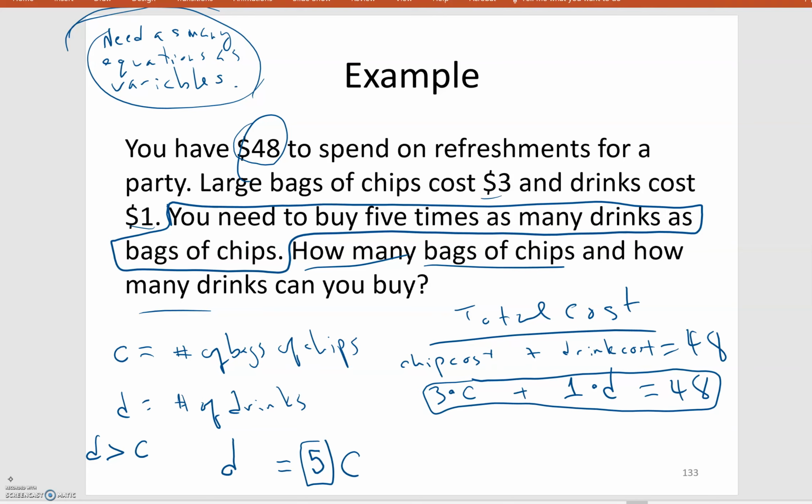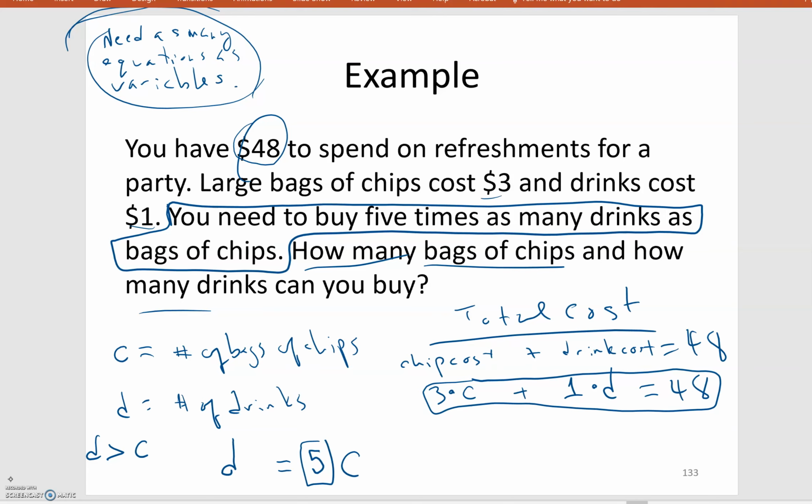Now, the other weird thing about this equation as it's written at the moment is it doesn't look anything like this. And if you remember when we talked about matrices, I was very careful to talk about how you had to make sure that it was in the proper normal form and in the right order and everything. This is not in normal form or in the right order. So I need to move these things around. The first thing that I'm going to do is I want it to look exactly like this. I mean, not exactly with the numbers, but in the form. I want the C first, then the D, and then the number.